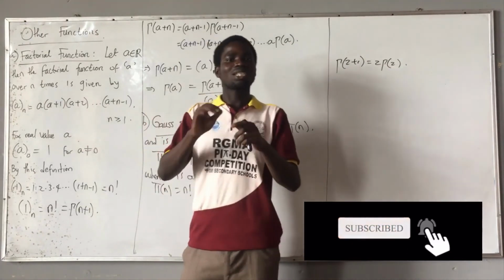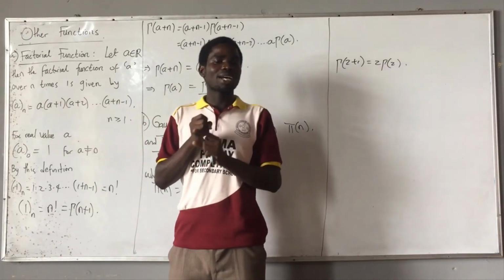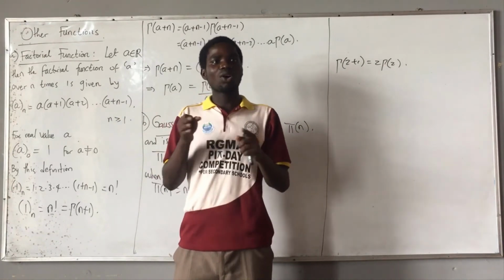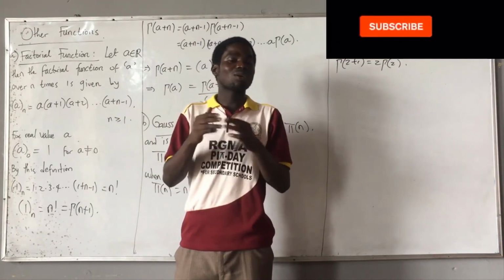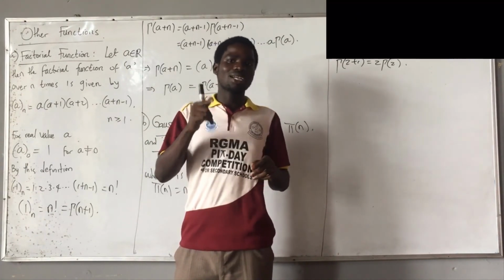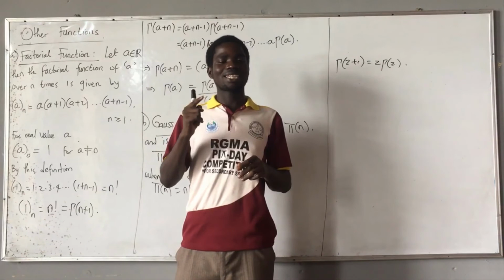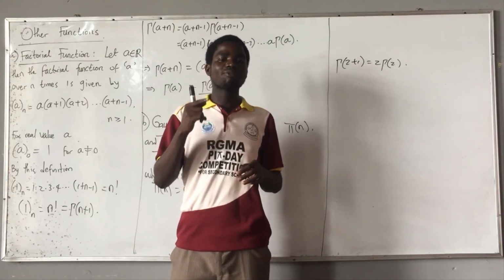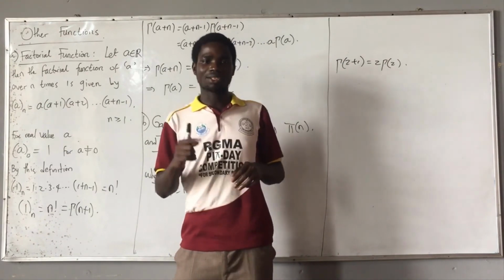We have to look at the Weierstrass definition, the Gaussian definition, and some of all these definitions we have. We have more than one definition, and you will get to know that the gamma function is an extension of the factorial function to the real line.